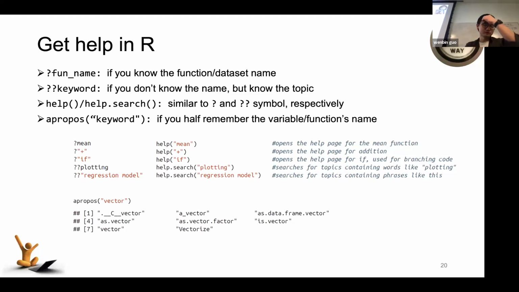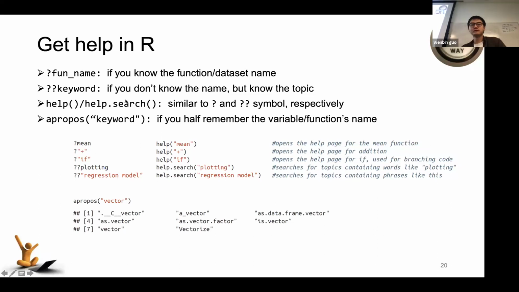If you want to get some help or some hint about the documentation, you can put one question mark with the function name or the data set name. If you don't really know the names, you can put two question marks, like you are double questioning something. So you are going to search for the topic. It's a more general search.